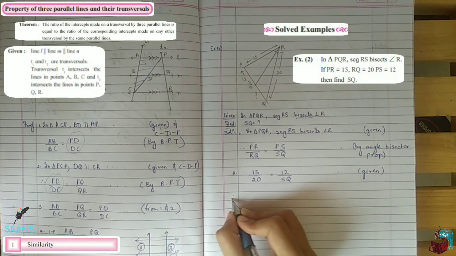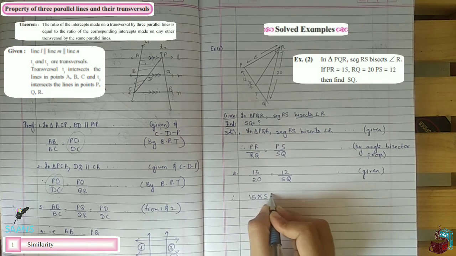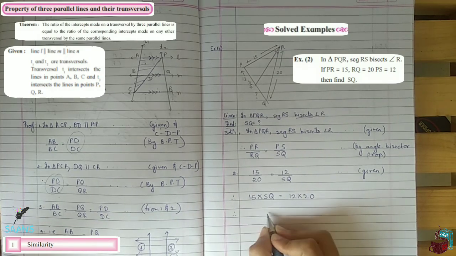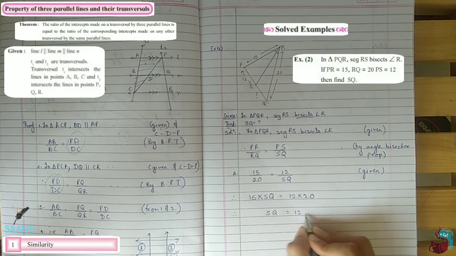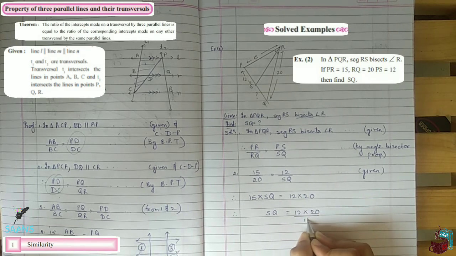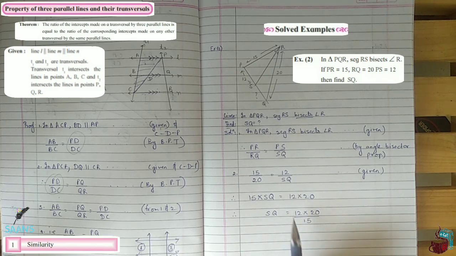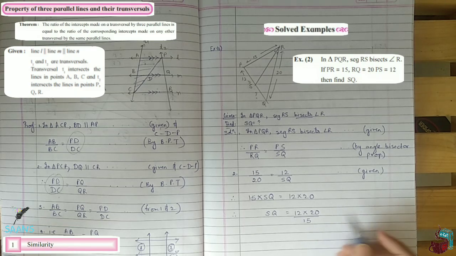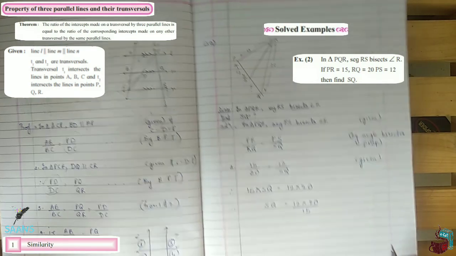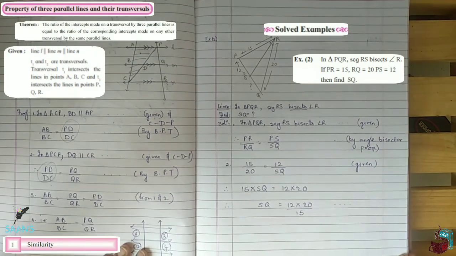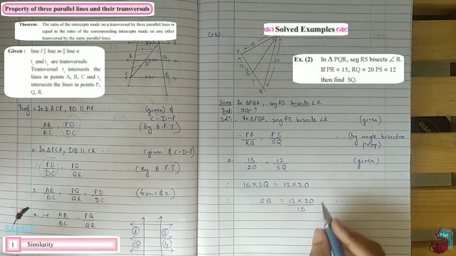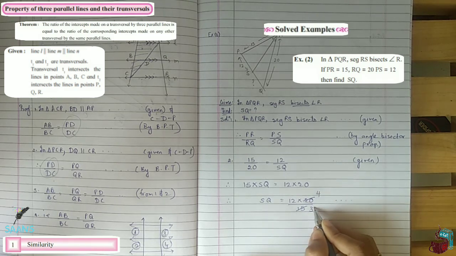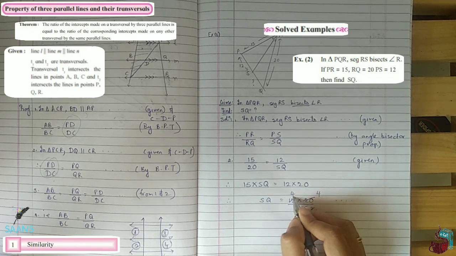Therefore, cross multiply. 15 into SQ is equal to 12 into 20. Therefore, SQ is equal to 12 into 20 upon 15. See, cross this you take it up, this you take it up, and this you bring down. Now you cancel. 5 3s are 15, 5 4s are 20, 3 1s are 3, 4 3s are 12.